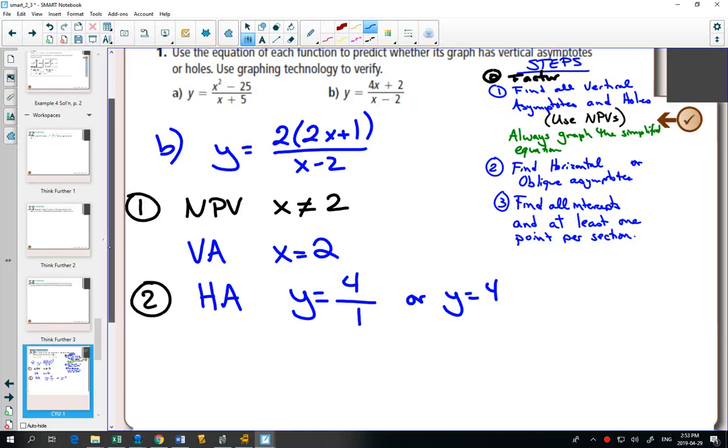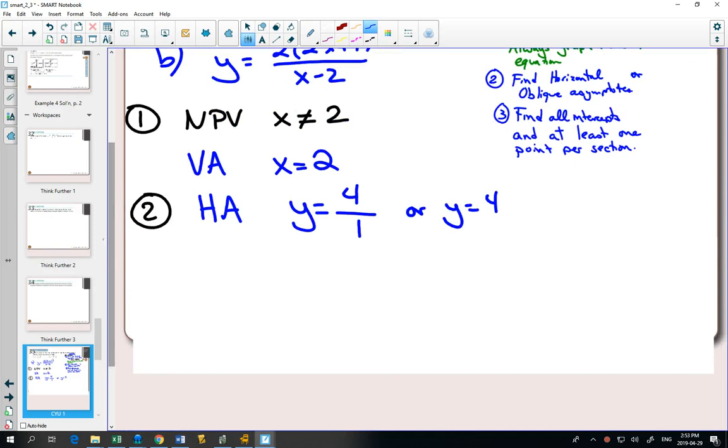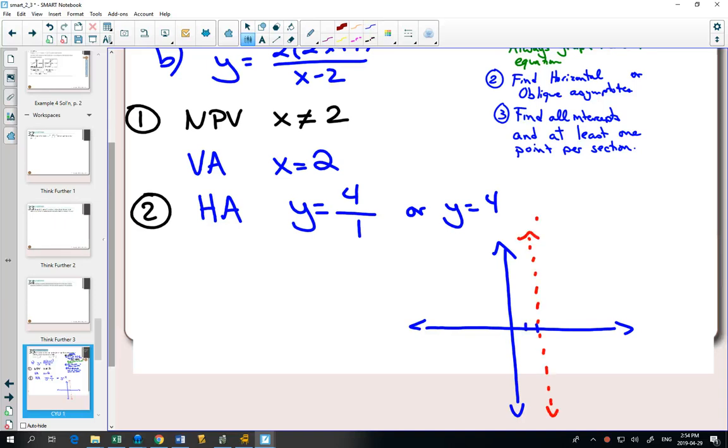Off to the side, I'm going to start graphing this, and we're going to put what we know on our graph already. We know we have a vertical asymptote at x equals 2 and a horizontal asymptote at y equals 4.